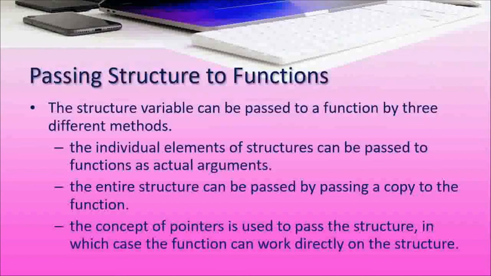In the second method, we are creating a copy of the structure, and thus whatever changes we make inside the function won't reflect inside our main function. But if we are using pointers, then whatever changes that we make for that particular structure within the function will be reflected outside that function also. So that is the difference between passing a copy as well as passing by pointers.